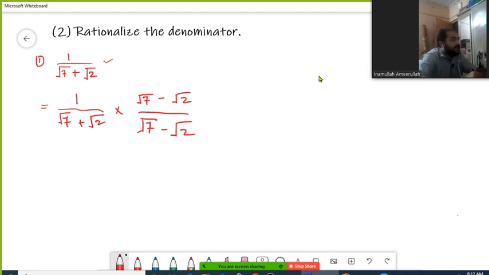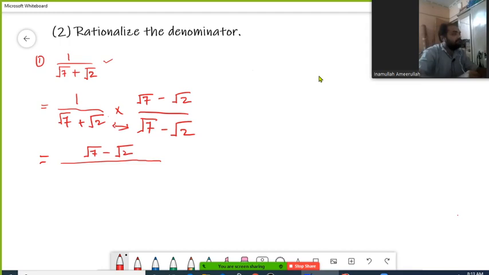So look, this denominator is multiplied with both the terms of the fraction by changing its sign. So when I multiply the numerator root 7 minus root 2 with 1, it will remain as root 7 minus root 2 upon, look at this, denominators will multiply together.